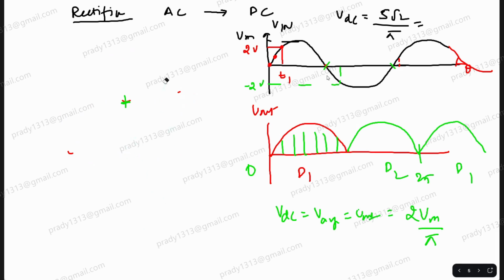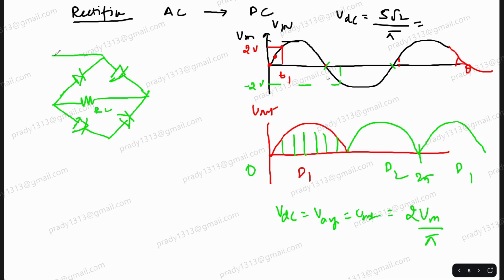So how does that circuit look? The circuit looks like this. This is the load.